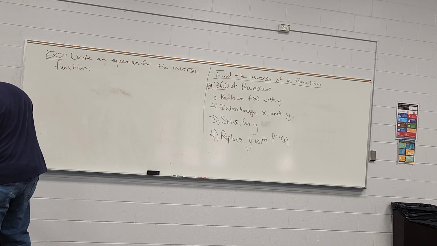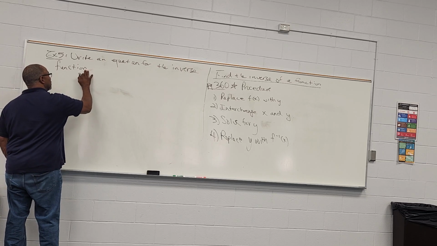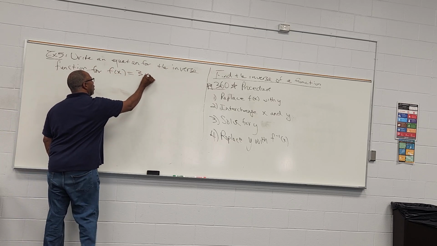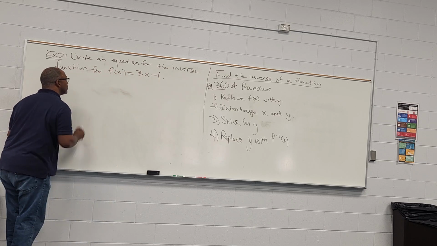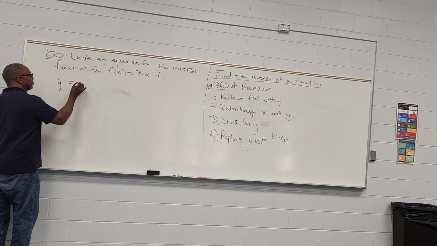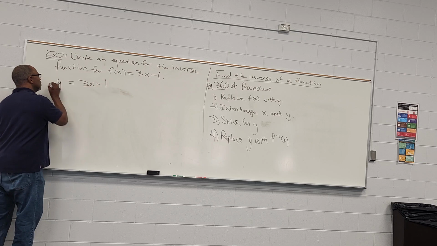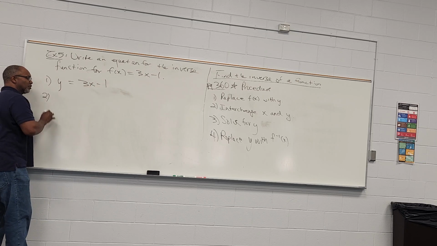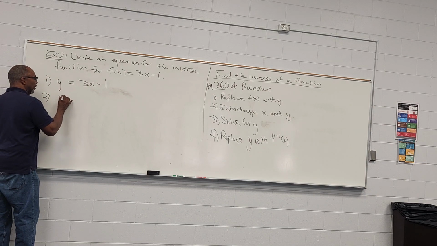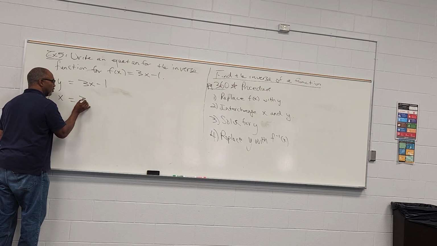And they give me f of x equals 3x minus 1. Okay? So, step one, replace f of x with y. Step one. Step two, interchange the x and the y. So where I had a y, put an x. Where I have an x, put a y.